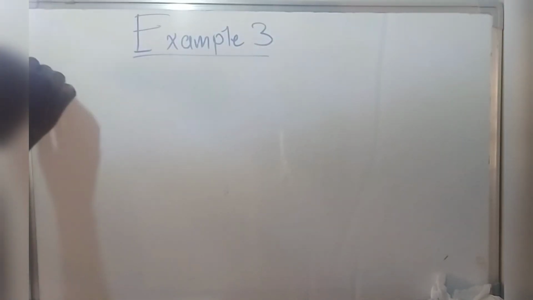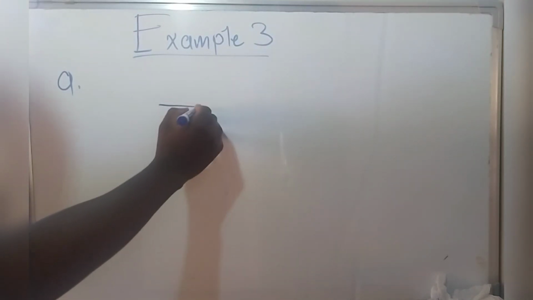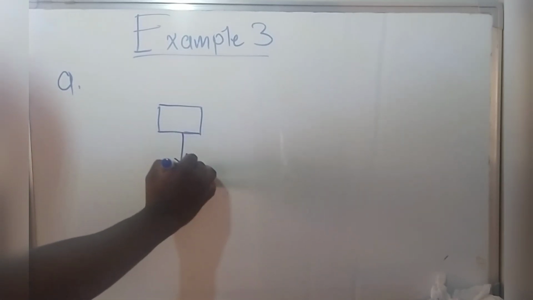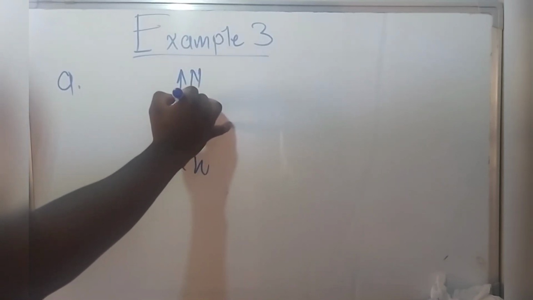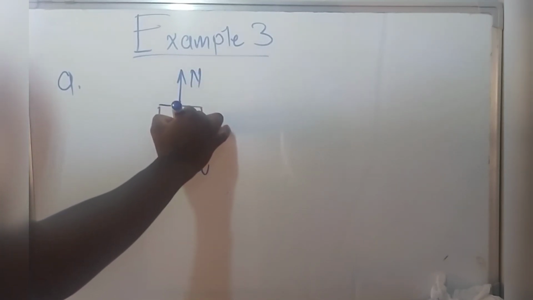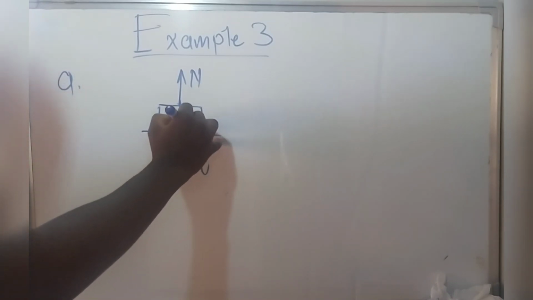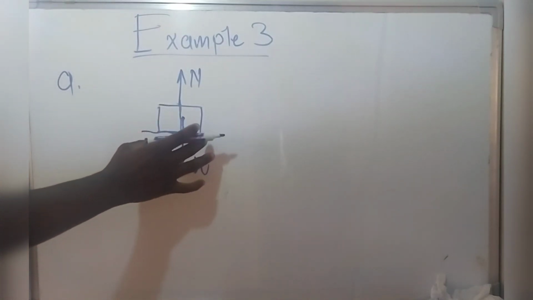For A, a labeled force diagram to identify all the forces on the shopping cart would be like this. Since it's a force diagram, you can just draw it as a block, and then we know that there will be the weight going down, normal force going up. Actually, normal force should be from here because it's exerted by the surface. And then the weight can be from the middle of the box because there's something we call the centroid.